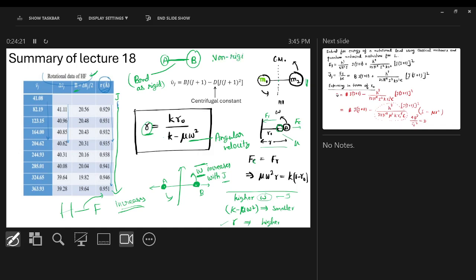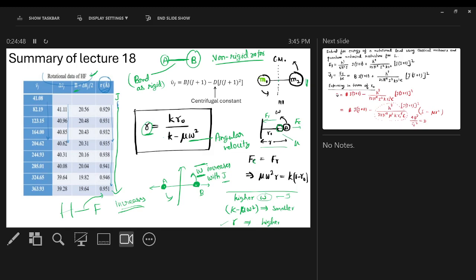We will see in the incoming slides how this centrifugal distortion, or because of this centrifugal force, the energy level of the non-rigid rotor is different from the rigid rotor. So we will solve this in the incoming slides.